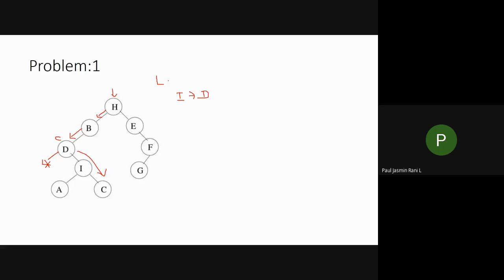Left subtree, root node, and next you go to your right subtree. Only after completing your root node do you go to your right subtree. When this D is completed, only then you move to your right subtree. Am I correct? Can you follow, Suganya? Yes.